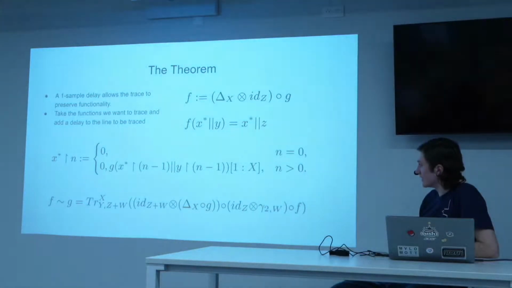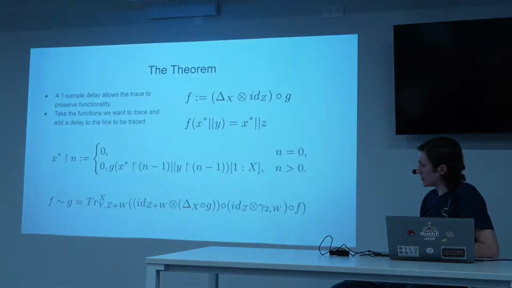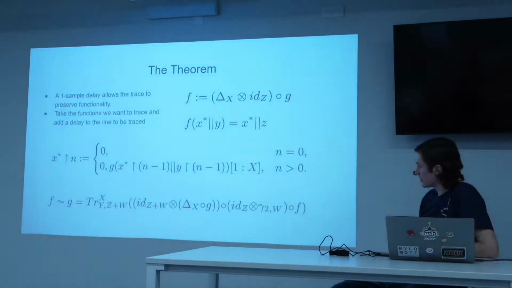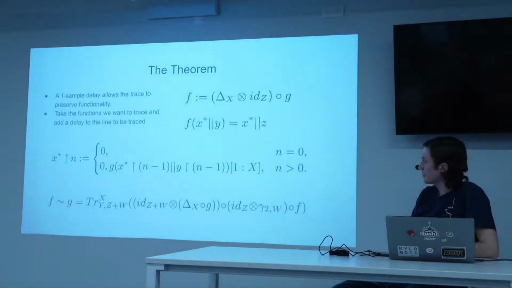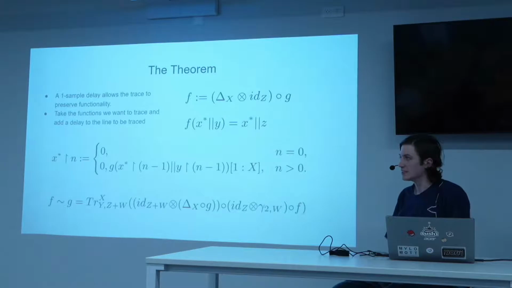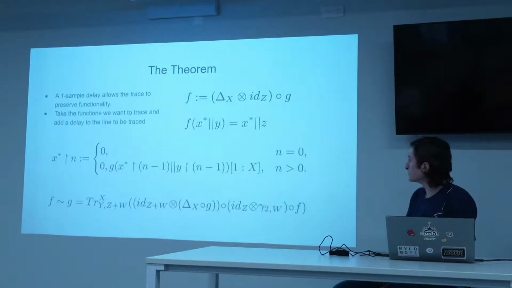Down here on the bottom is the algebraic representation of the recursion operator. So the triangle is the delay operator? Yes, the delta is the delay operator, and the identity is the identity.